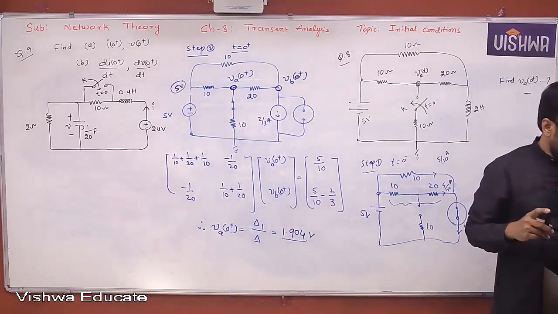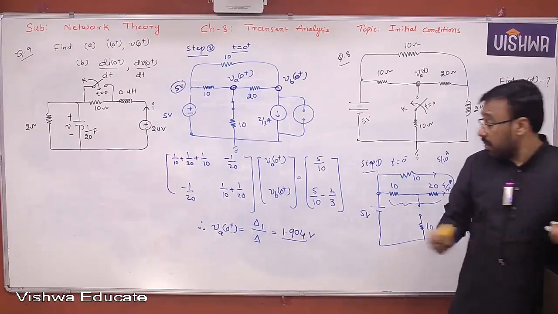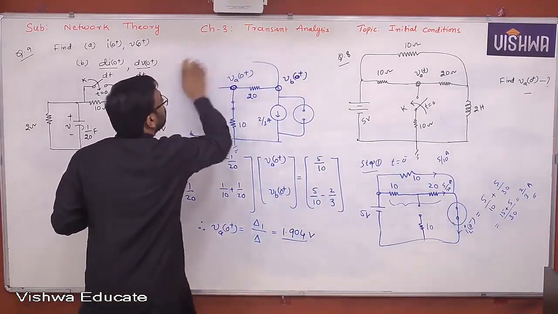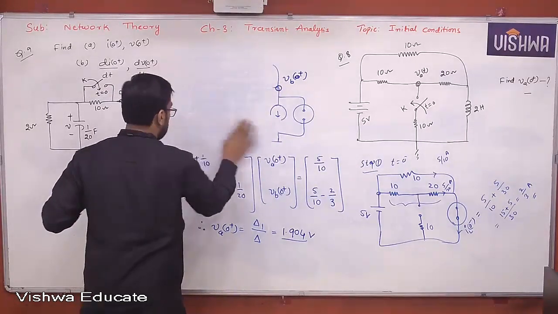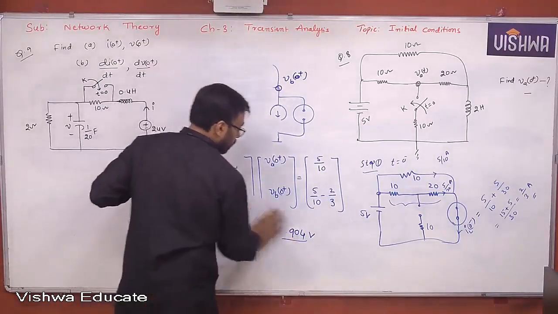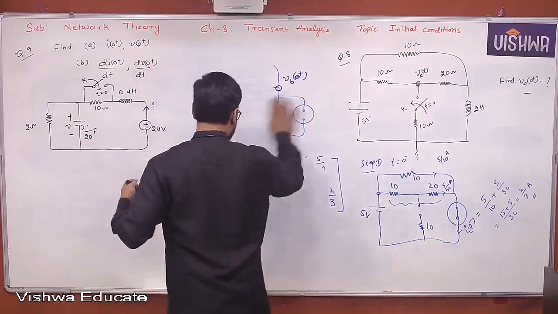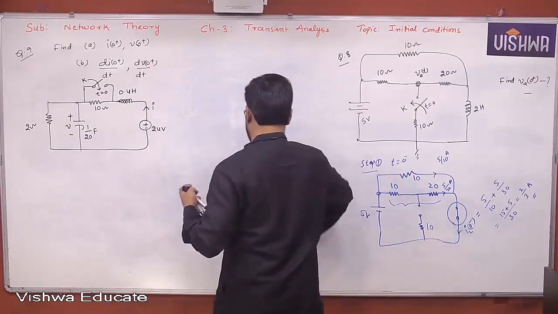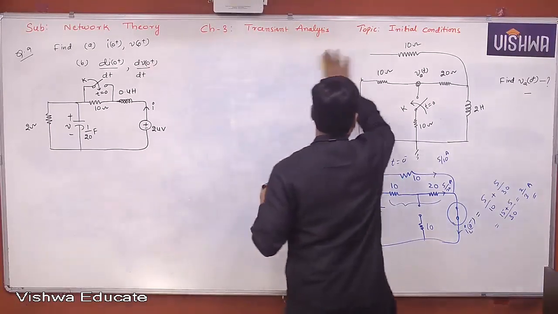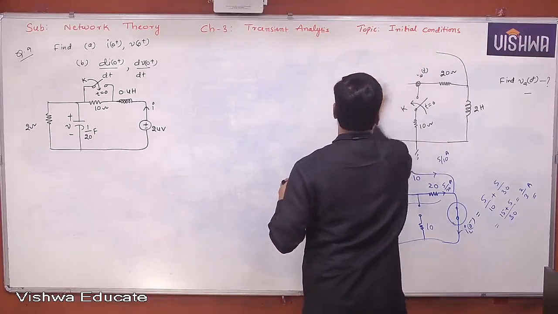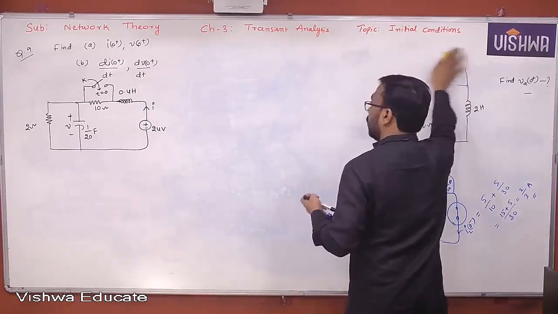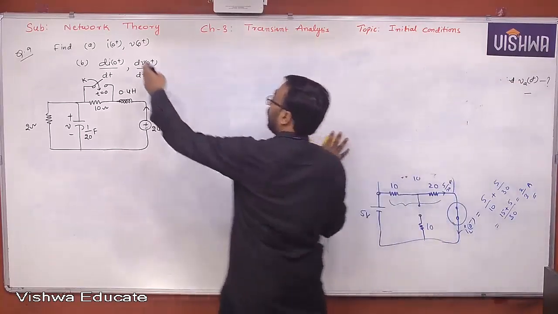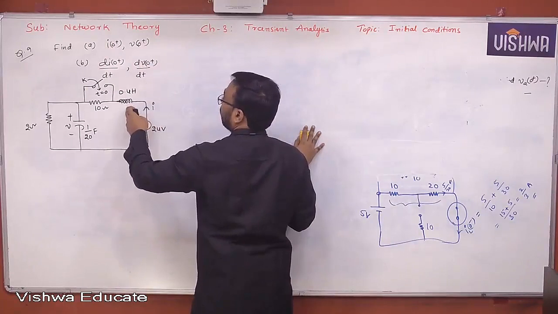I think all of you finished the previous problem, right? Okay, let me take this off. Okay, I think you understand what is I, what is V. I is current through inductor.